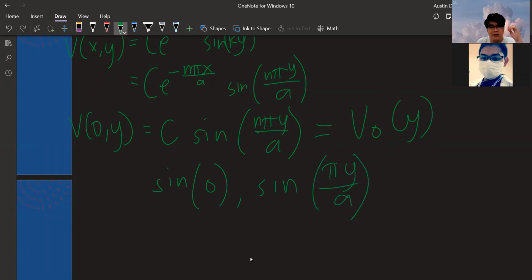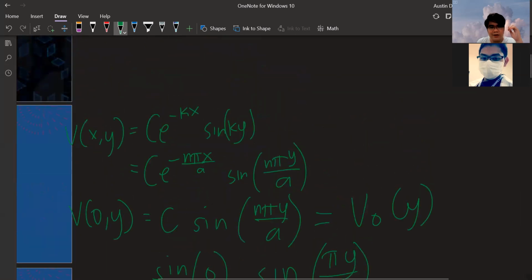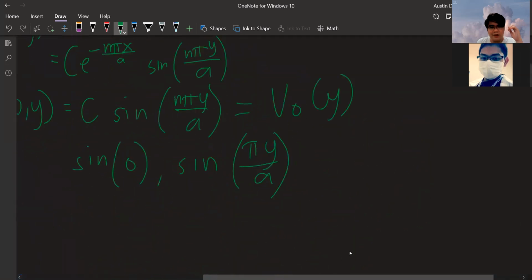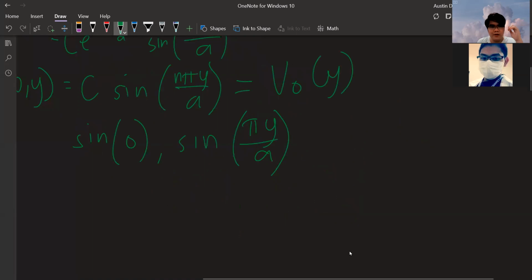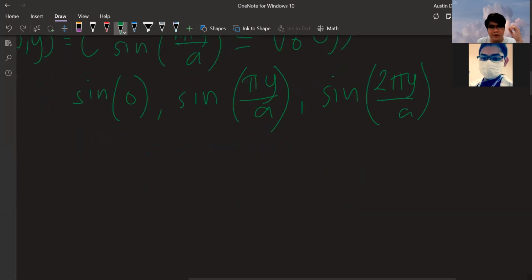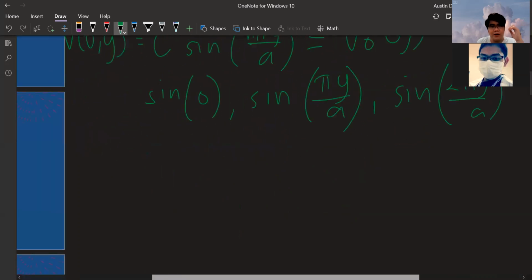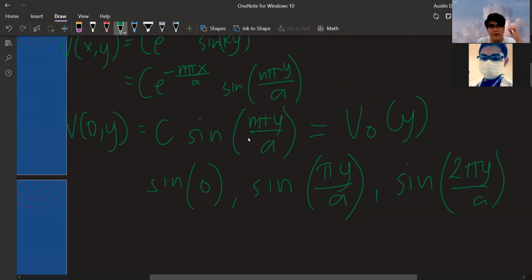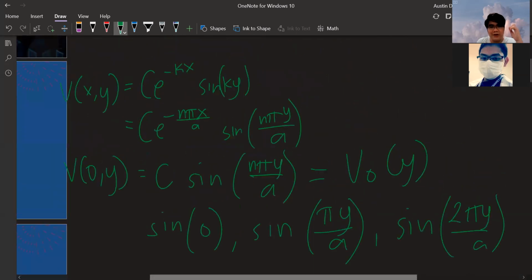Okay? Pi y over a. And then you have sine 2 pi y over a. Okay, so there are infinite number of solutions for your sine. Okay, di ba nagbabago kasi yung n mo, yung n values mo.